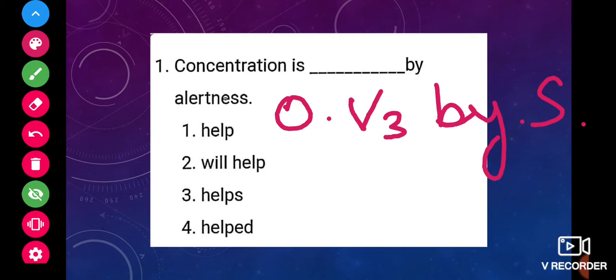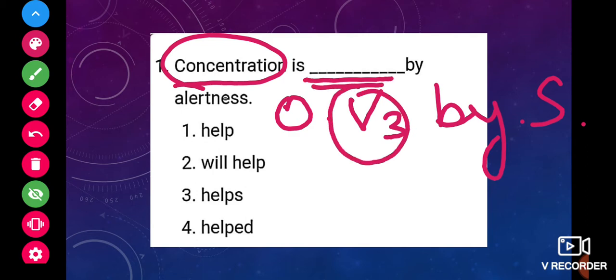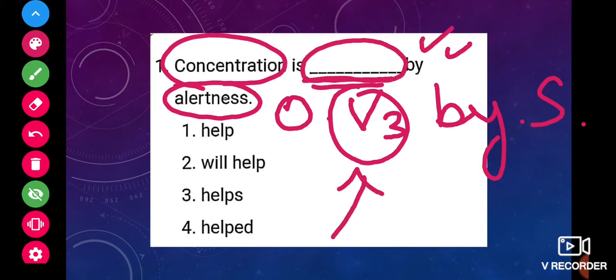Here concentration is the object. Whatever will come here in the blank will be V3 and alertness is the subject. So whatever answer comes here should be in V3.